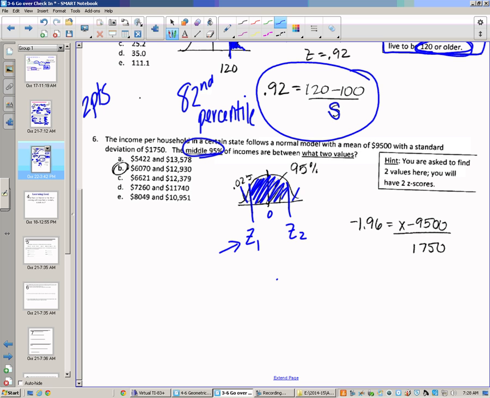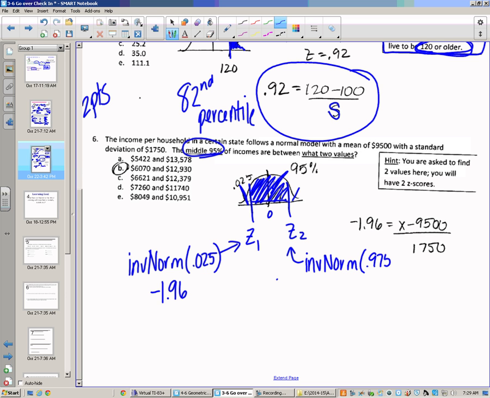So to get this one, I have to do inverse norm of what percent's below it, what percentile, 0.025, and I get negative 1.96. To get this one, I have to say, okay, how much area is below this total? So it's the 0.025 plus the 0.95. So I would here do inverse norm 0.975, and I get positive 1.96.